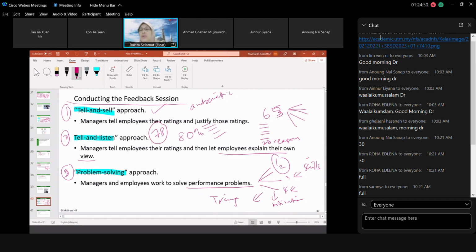Ada macam negotiation going on. So again, it goes back to the personality of your boss. Kalau bos you seorang yang sangat autokratik, he might use tell and sell, that's it. Kalau yang demokratik, mungkin dia akan gunakan tell and listen more compared to tell and sell. Right? Okay. That's conducting feedback session.